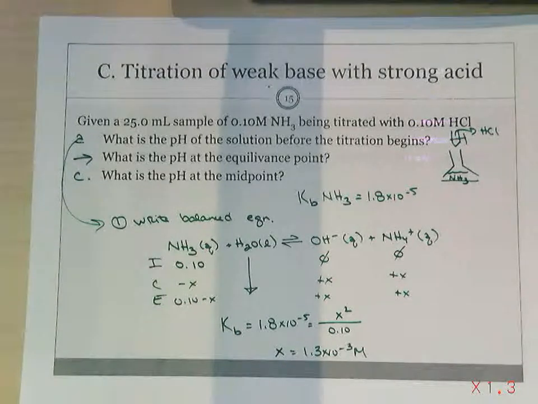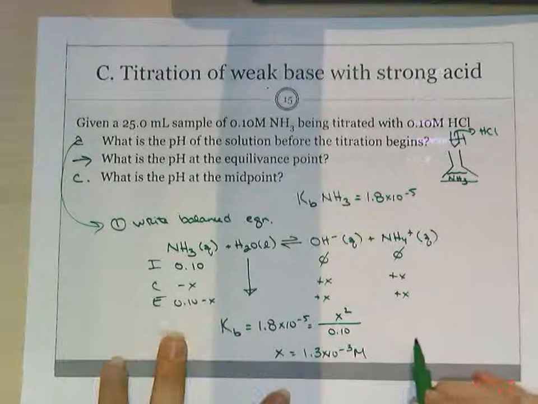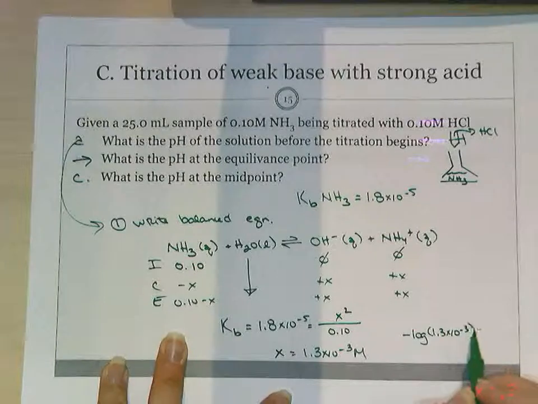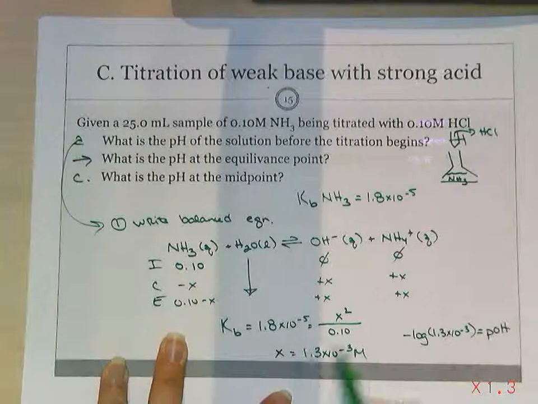All right, how do I use that piece of information to find pH? Okay, if I do that, that tells me the what? pOH. Right, because x is telling me this, which is that.